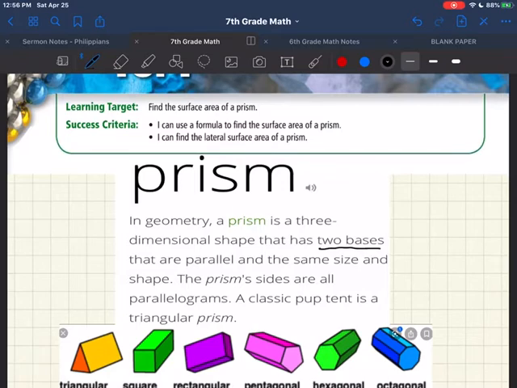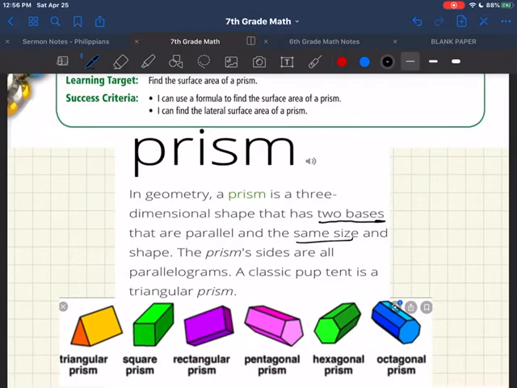So as we find the surface area of a geometric prism, when we find the area of the first base, we just multiply it by 2, because they are the same size and shape, so they have the same area.